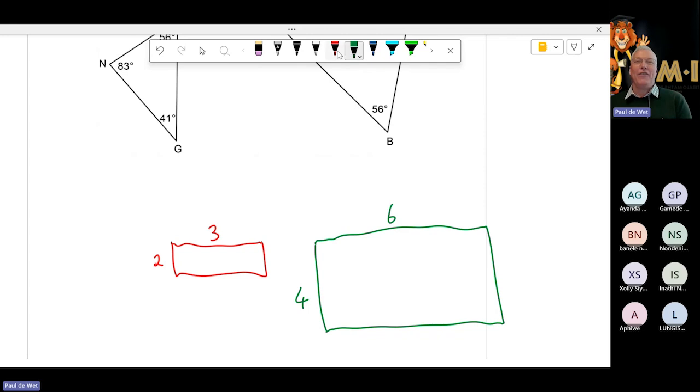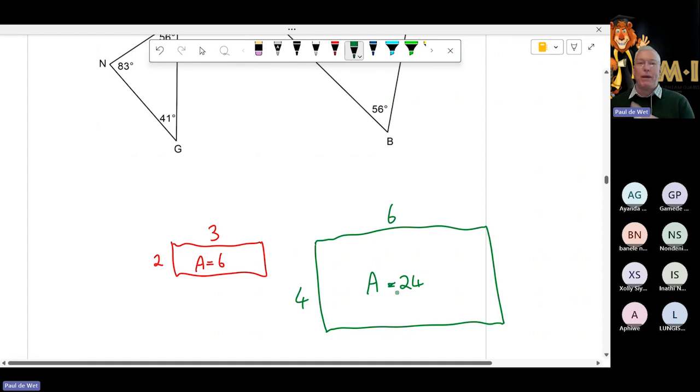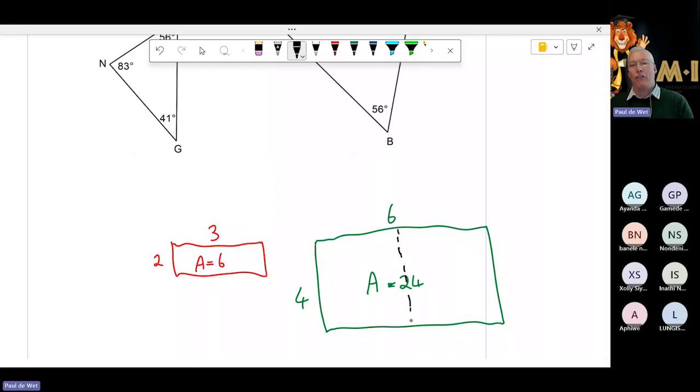Okay, guys, this one has an area of 6. This one has an area of 24. The sides are twice as big. This red rectangle will fit in here twice across, because it will fit in with a 3 and a 3.